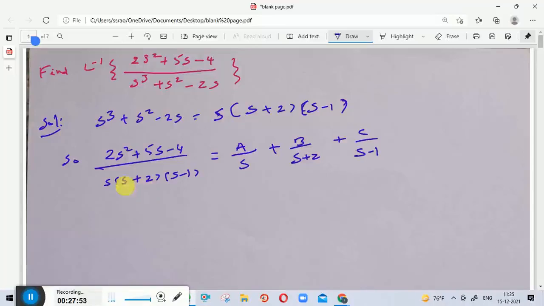Now we have to find the values of a, b and c.